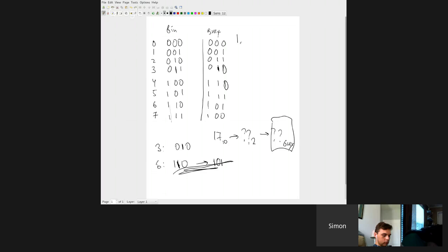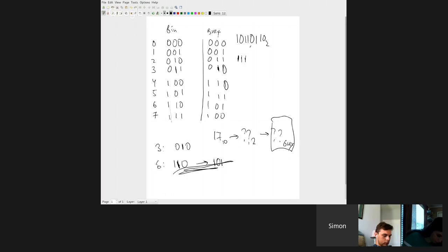So, for example, 10110110. That was the binary notation. What would be in gray code? We start from 1 because it was 1. And then 0, but it was preceded by 1. So it has to be inverted. That 1 was not preceded by 1. So it has to be repeated.